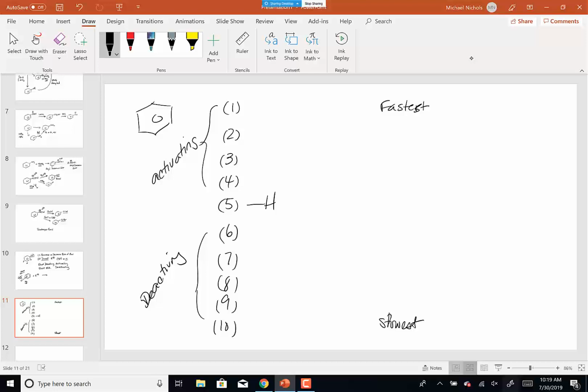So number 1, if there's a nitrogen attached to the ring, that's the most activating. That causes the benzene ring to react the fastest. And number 2, when there's an oxygen group attached to the benzene ring.